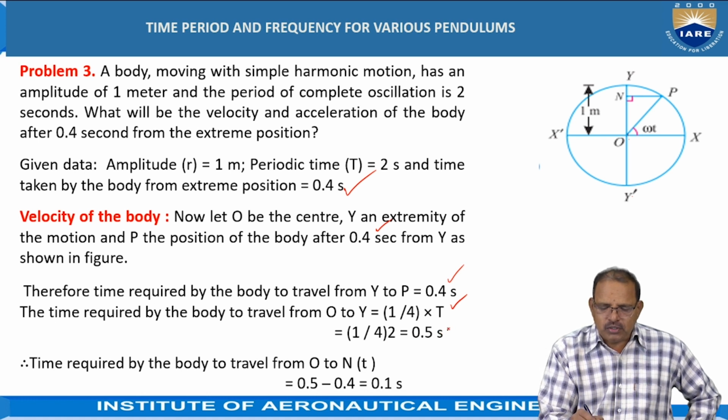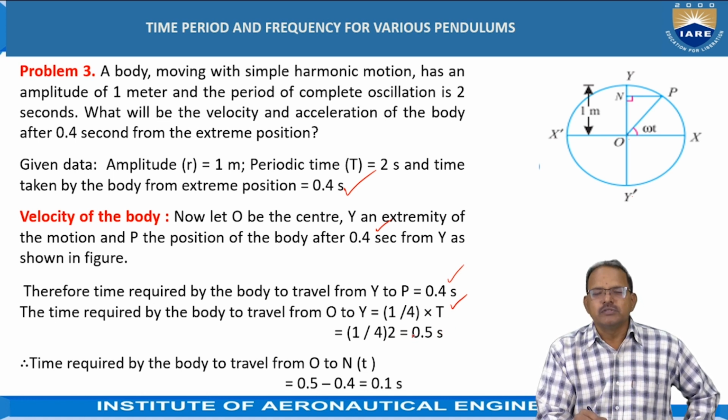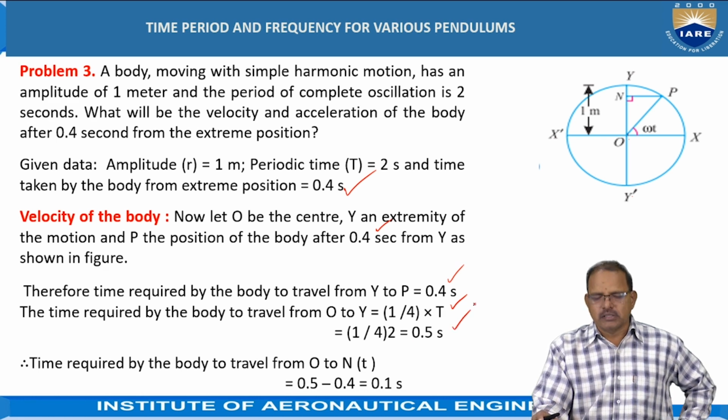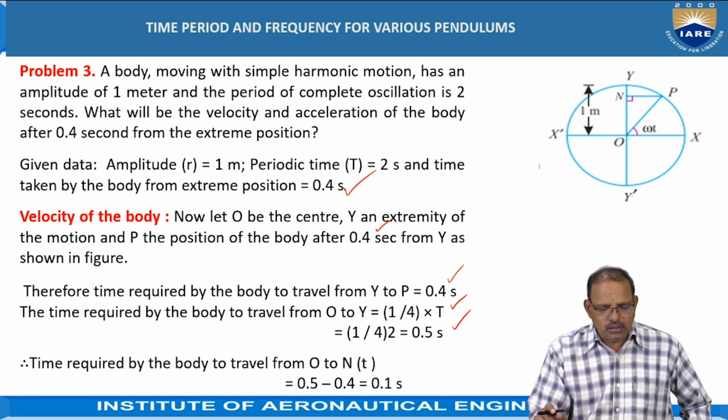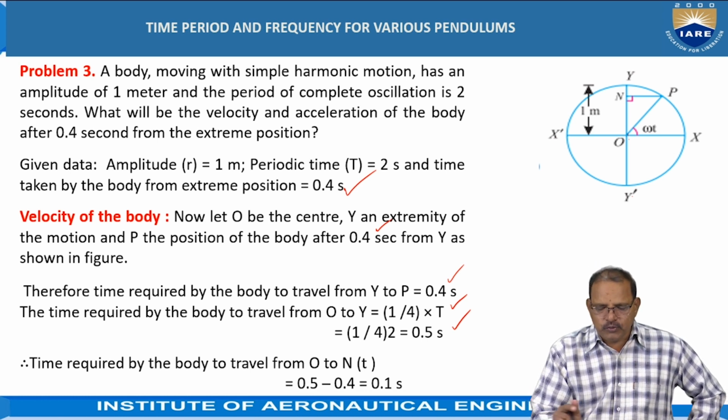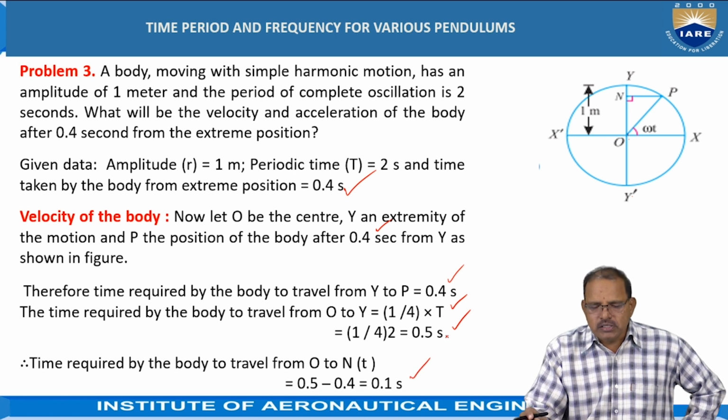The time period is 2 seconds, so 1/4 into 2 is equal to 0.5 seconds. The time required by the body to travel from O to P position is equal to 0.5 minus 0.4, which is equal to 0.1 seconds.